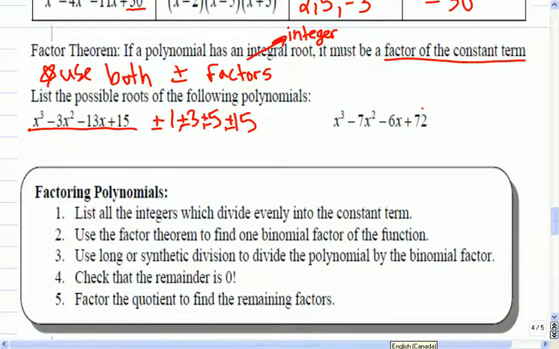Okay, so what about for 72? What numbers could I use for 72? 8. Yeah, so I was thinking 1, being simple. 8 will work. What else? 2. 2 will work. 9. 9 will work. 3. 3. 4. 12. 12 will work.